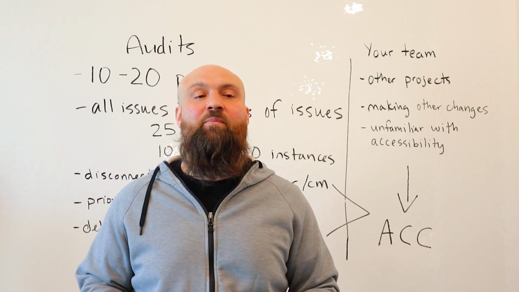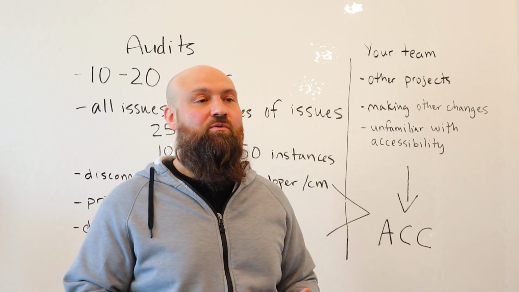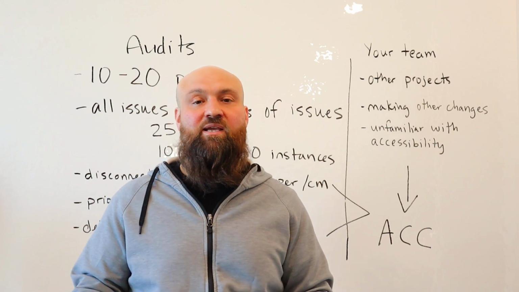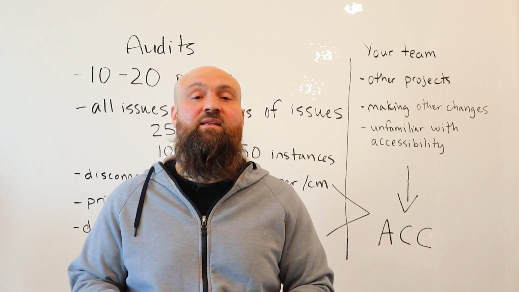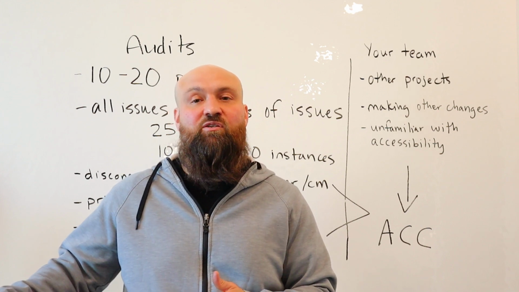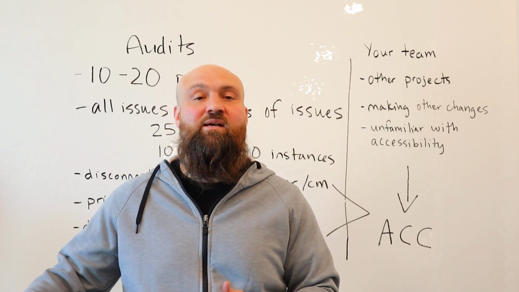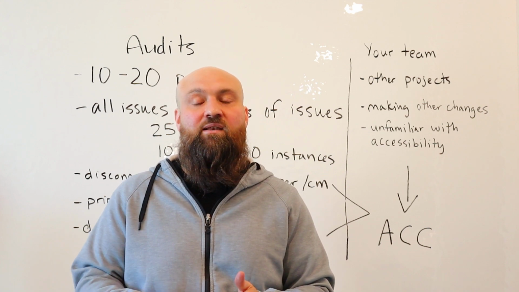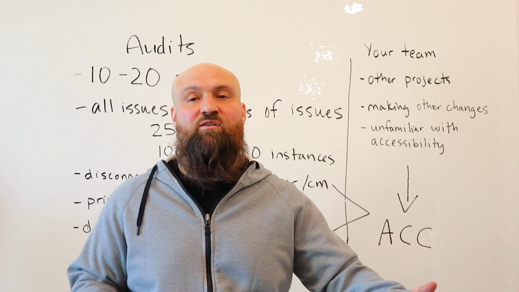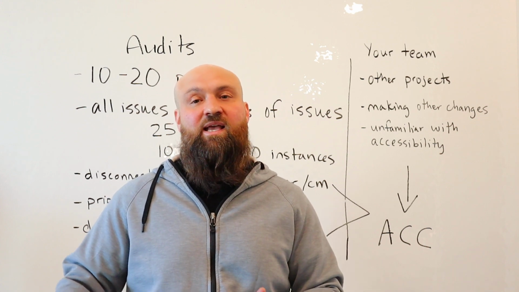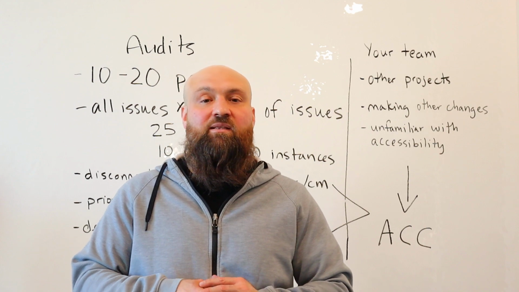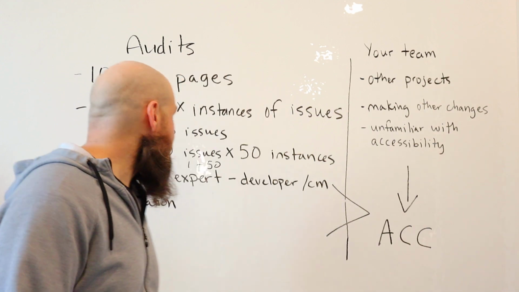And this can be problematic because you need to know which issues are most commonly claimed in litigation so that you can preempt any litigation and take care of those accessibility issues that are most commonly litigated, because there's no reason not to take care of accessibility issues that can give rise to litigation first, and then take care of other accessibility issues that aren't nearly as common in litigation second.